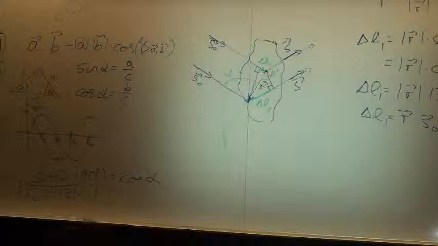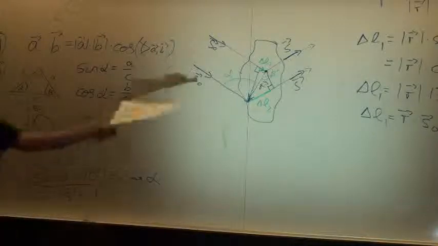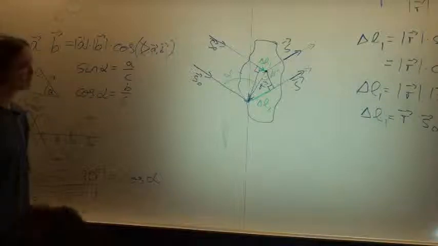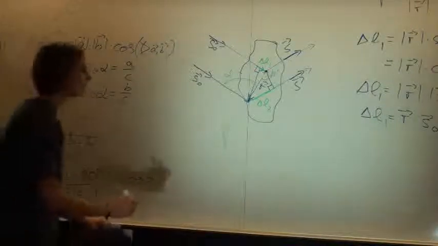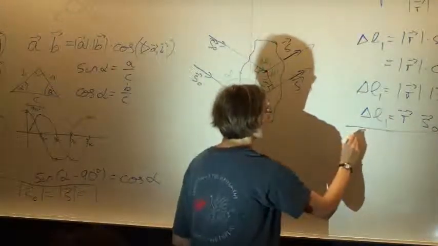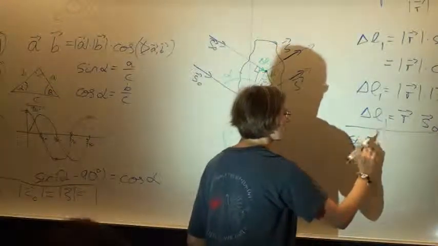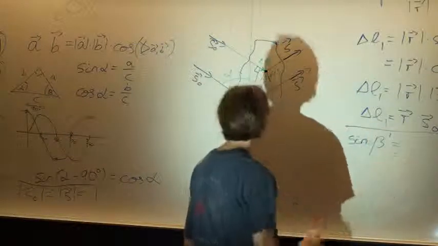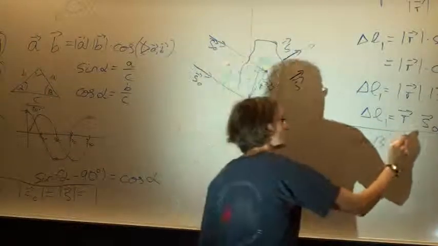So, what do we get for that one? The sine of beta prime is what? Delta L2, right?